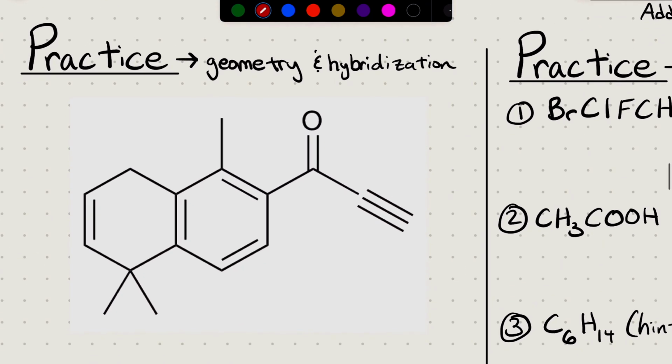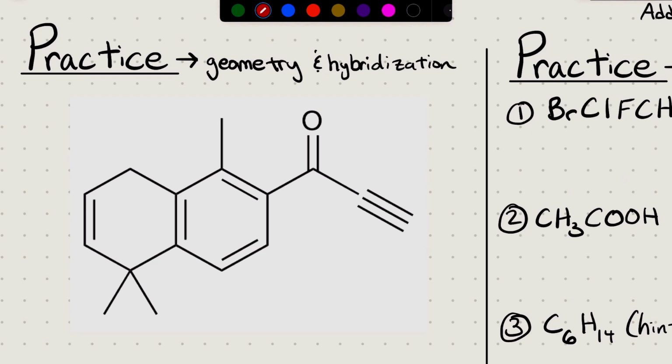This is a huge molecule. I do not expect you to do every single part of this molecule and count out the hybridization and geometry of every single atom. If you want to, go for it. I am only going to be circling the areas that I want you to practice.